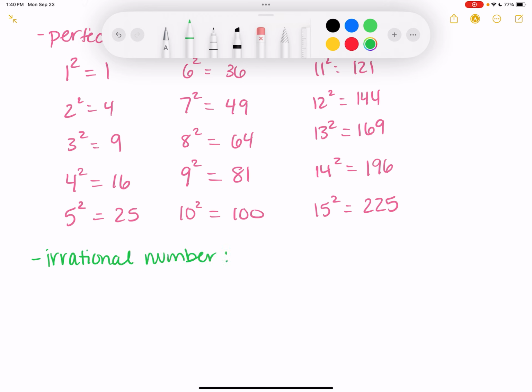One more definition that we need. An irrational number is a number that cannot be written as a quotient of 2 integers.